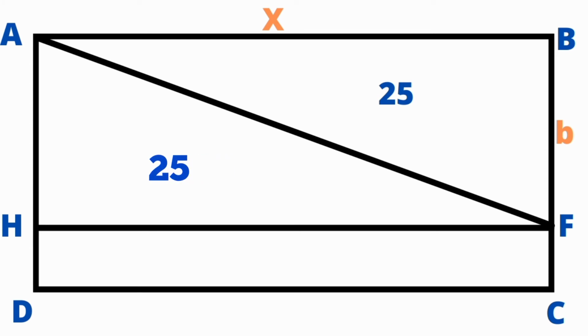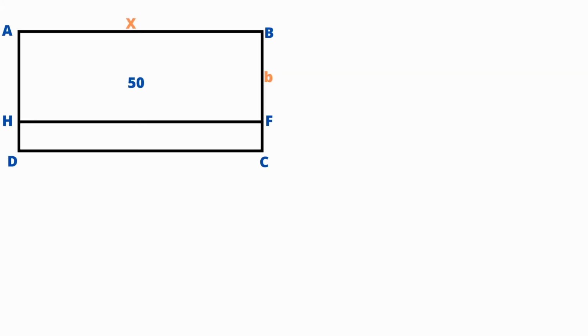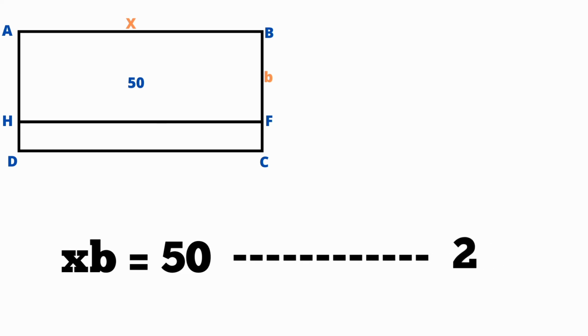Therefore, area of rectangle ABFH is equal to 50 cm square. The side length of the rectangle ABFH is X and its breadth is B. Therefore, XB is equal to 50 cm square. Let's say it as equation 2.